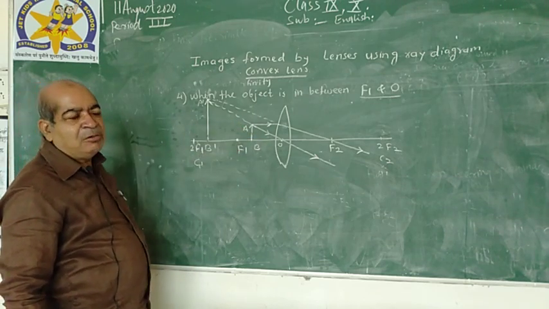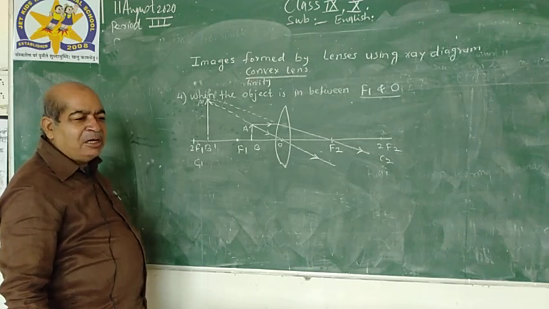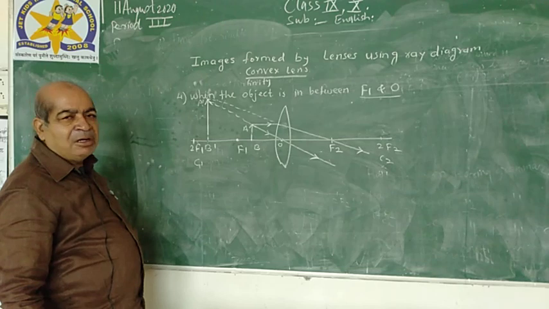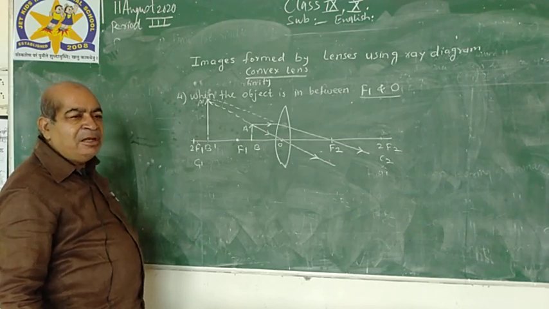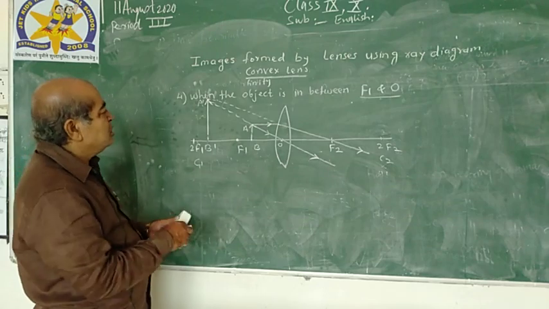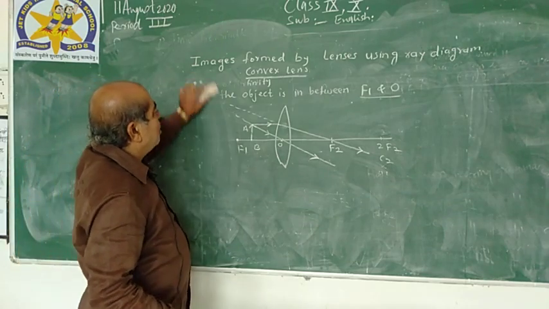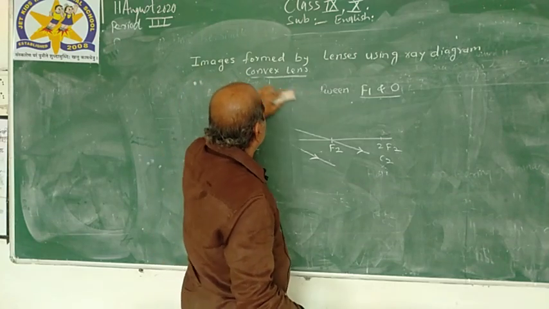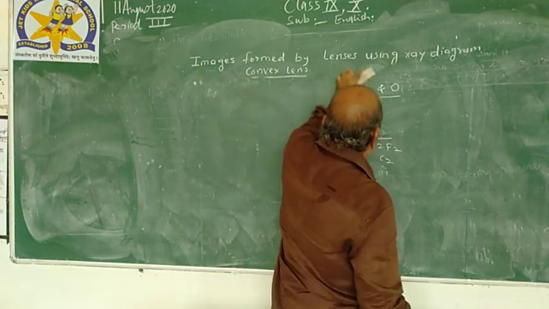And the second rule is, the ray of light passing through the optic center emerges without any deviation. These are then the images formed by the convex lens for the different positions of the object.